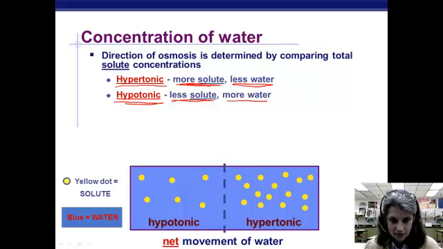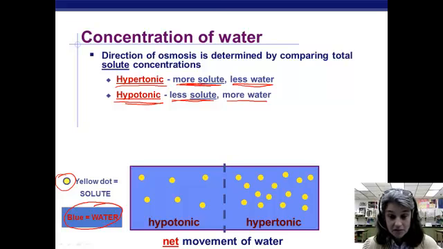So let's look down at these pictures. Okay, the blue indicates water. Okay, I've lost my pen. Here we go. The blue indicates water. The yellow dots are indicating solute that's dissolved in water. Okay? So if I've put a lot of solute over here, you can see that there's not as much pure water.